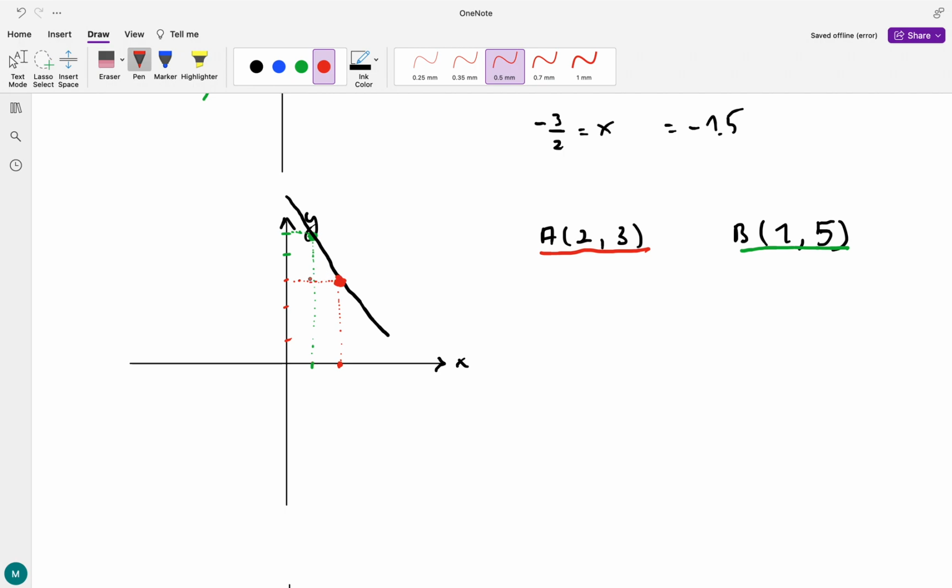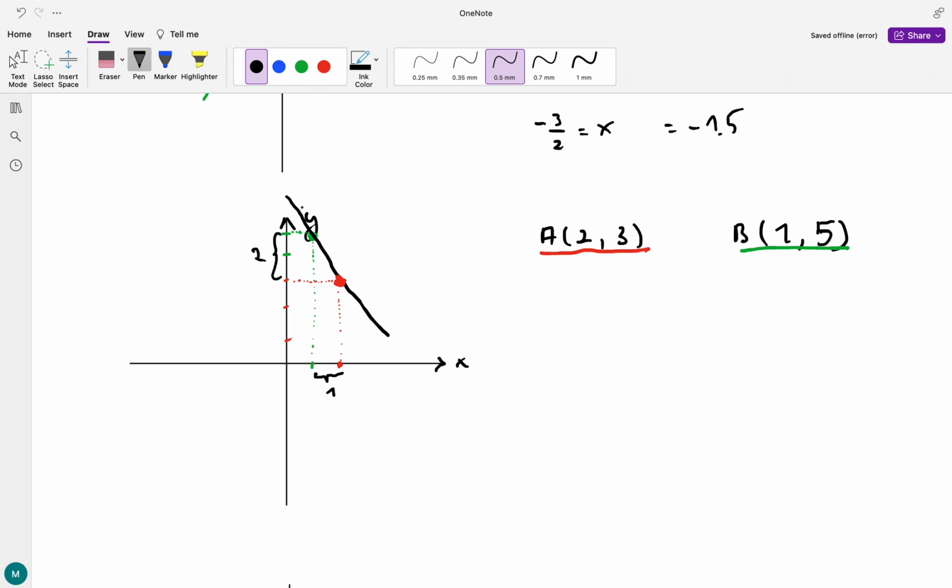Now notice that if we graph it without finding the slope, we can kind of determine what's happening with the slope. So in this case, the difference in run is equal to 1. The difference in rise is equal to 2.